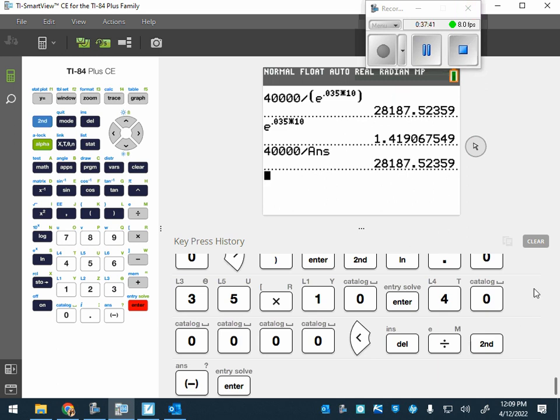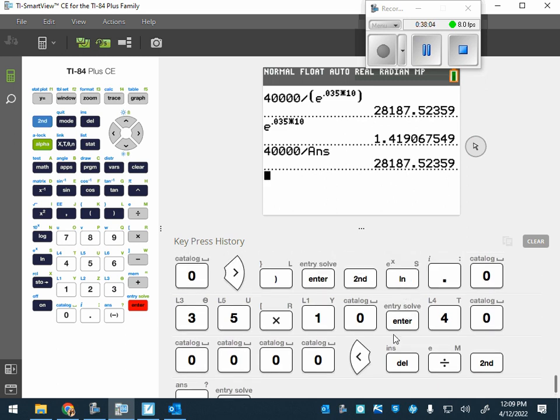Okay. However, one thing about principal: does anyone know what our initial amount should be? This is it, but would it be $28,187.52 or 53 cents? It's a slight difference, very slight.